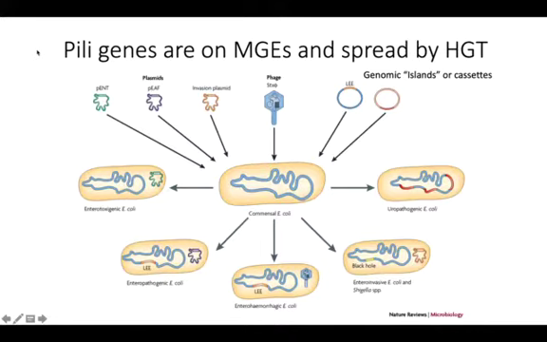These pili genes again are mobile genetic elements, big word for bits of DNA or plasmids that are spread by horizontal gene transfer.